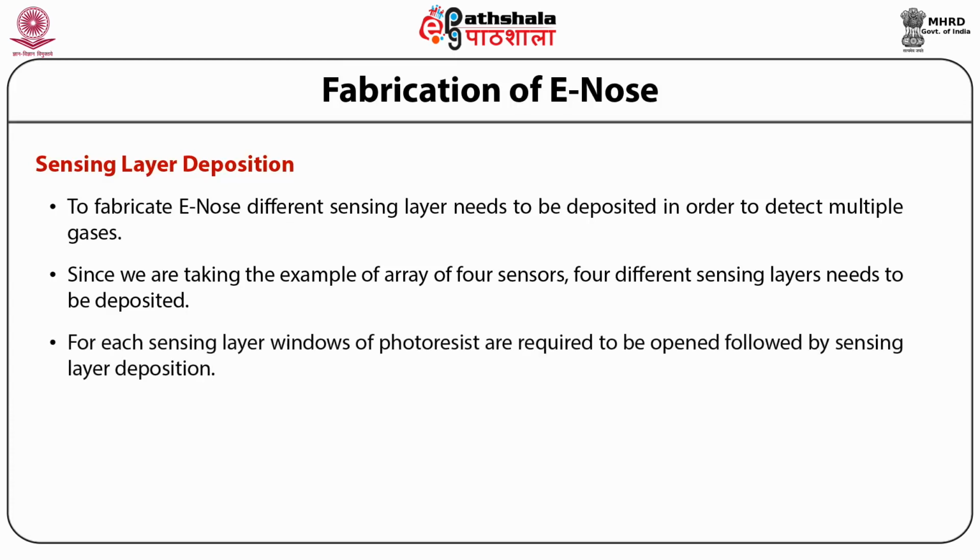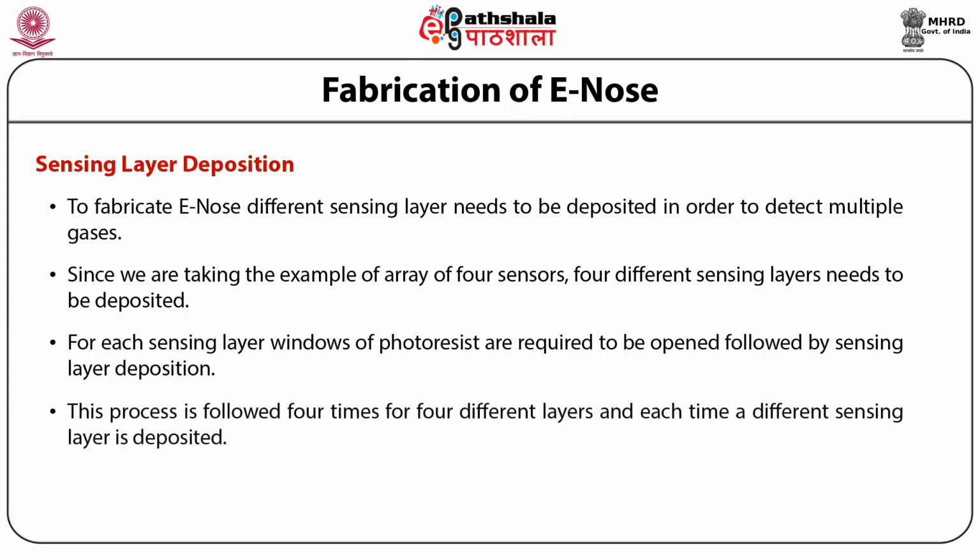For each sensing layer, windows of photoresist are required to be opened, followed by sensing layer deposition. This process is followed 4 times for 4 different layers, and each time a different sensing layer is deposited.